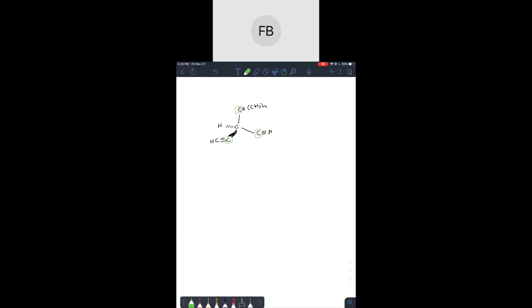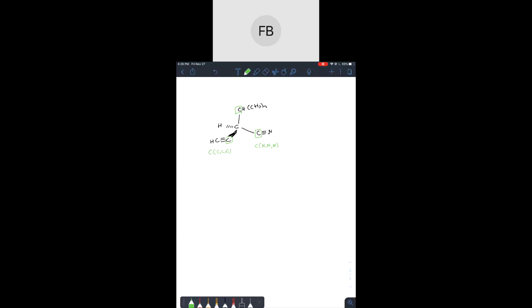This means that since they're all carbons, you're going to need to examine the things that carbon is attached to, right? And you'll notice that this carbon, the one right here, is attached to a nitrogen 3 times. So if we write it out, it'll be C, N, N, N, right? And this other carbon on the left is attached to a carbon 3 times. So C, C, C, C.